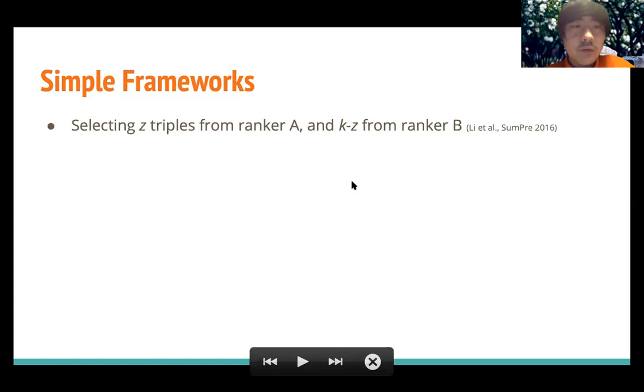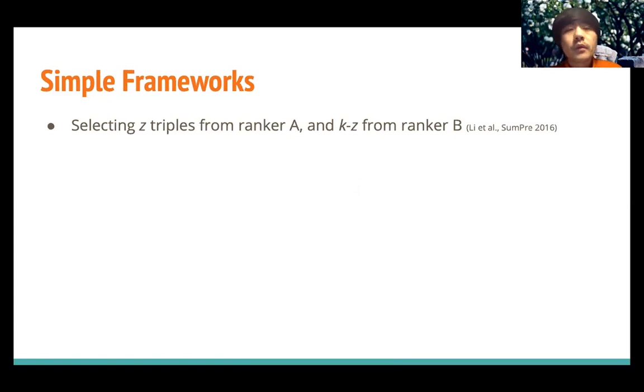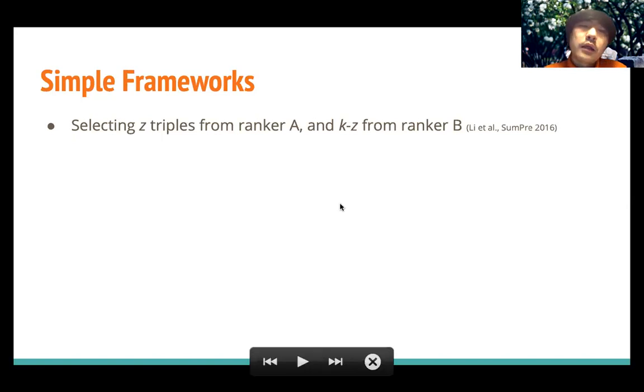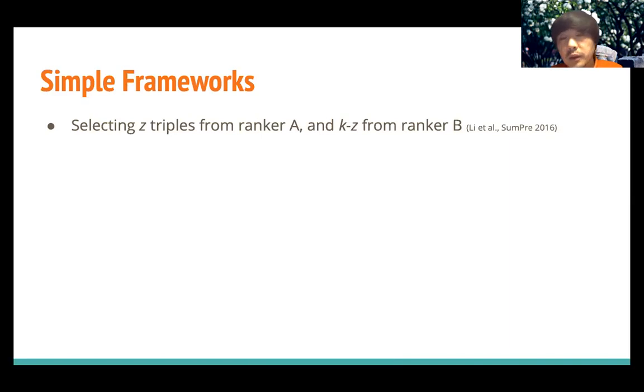So firstly, some very simple frameworks. For example, if in your system you need to consider 2 features, you have 2 rankers for ranking triples. First is ranker A, and second is ranker B. For example, ranker A is for popularity, and ranker B is, I don't know, maybe for informativeness.